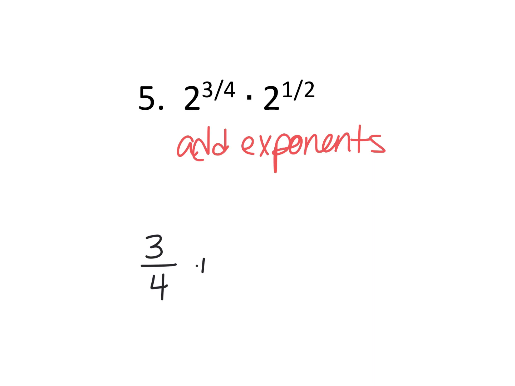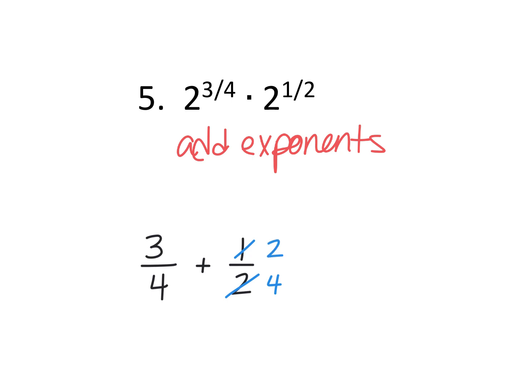So 3/4 plus 1/2. Okay, if you remember from elementary, middle school, when you're trying to add or subtract fractions, you have to have common denominators. So I'm going to do this, and if you're with me, that means that you should do this too, okay? Don't use your calculator if you can do this stuff. I know that changes to a 4, which would mean if I multiply by 2 in the bottom, I have to multiply by 2 in the top.